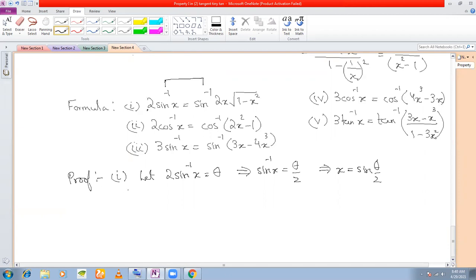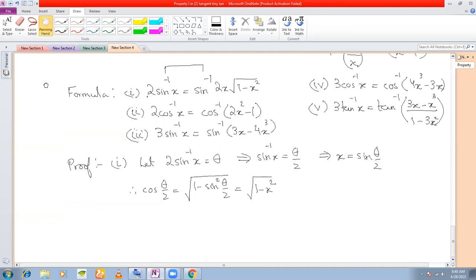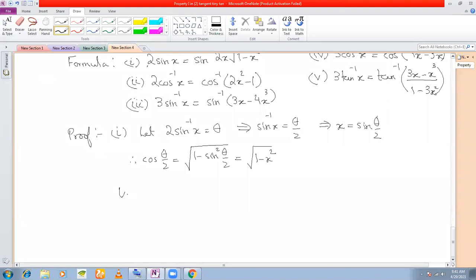So therefore, what you can do is find cos theta by 2 from here. What is cos theta by 2? Cos theta by 2 is root over of 1 minus sine squared theta by 2, which is equal to root 1 minus x squared, right? Now we can use the multiple angle formula. So we have sine theta is equal to 2 sine theta by 2 cos theta by 2.